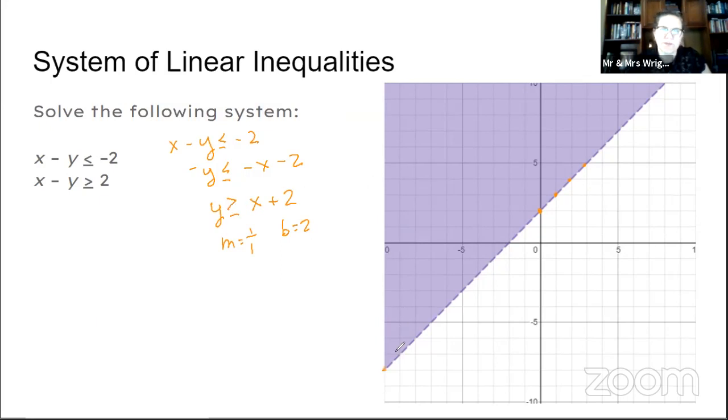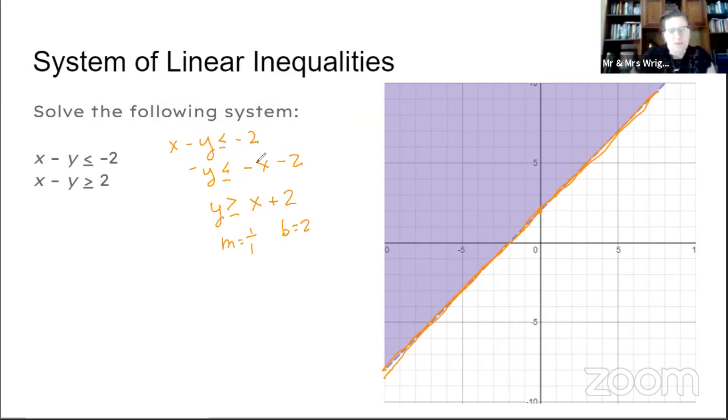So I am supposed to have a solid line here, not a dashed line. Then we have that y is greater than, so as the y climbs in numbers, that's what's going to be shaded up there.